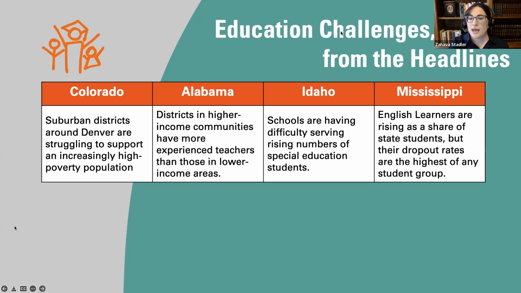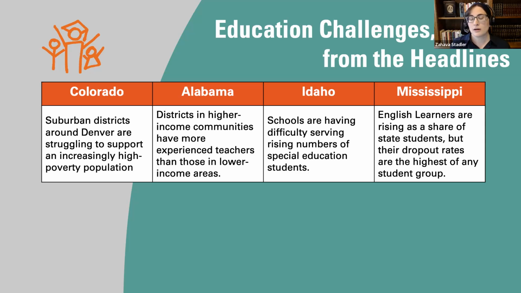In Alabama, we have something that's a problem in many places, which is that districts in higher income communities get many more experienced teachers than those in lower income areas. Idaho, we've seen districts really struggle with rising numbers of special education students and serving them effectively. Mississippi has a real dropout problem related to English learners.